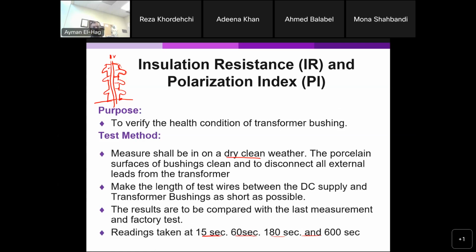If you have a large bushing, then you may need to wait a longer time. But if you have a smaller bushing, then 15 seconds will be enough, because the capacitance of the bushing itself is small. So the current will die out very fast. Okay. Thank you.